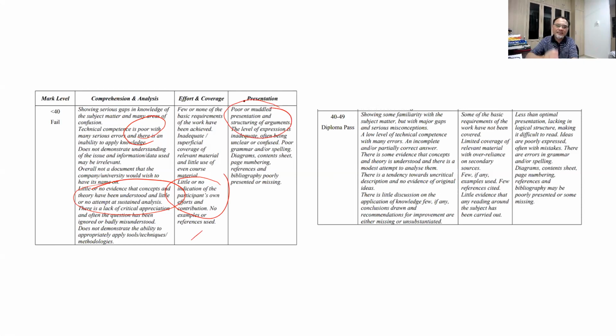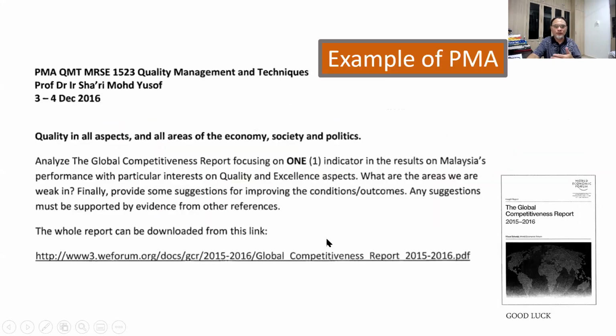So you can see, from the level of excellence to poor grammar. Okay, it's important to understand the whole idea. That's the thing that is required. So rubrics will be a guide for all of us, for you and me, to assess the report. Okay, examples. I have two examples here.